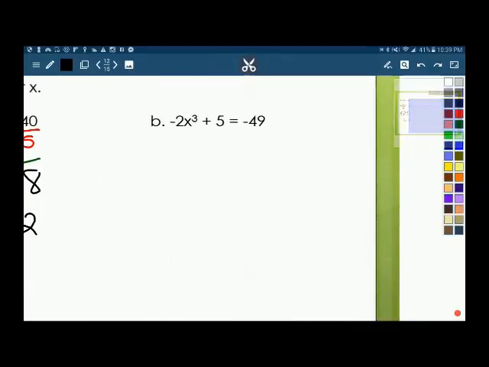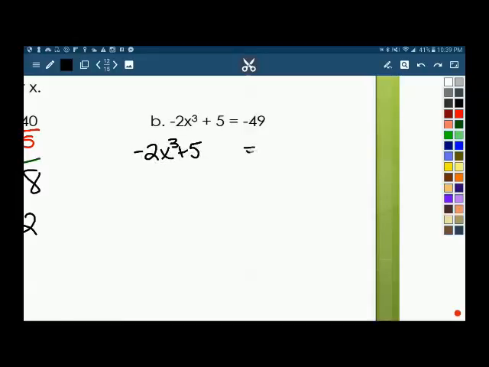Okay, let's try the second example here. I do see that x has 5 being added to it, so I'm going to have to subtract the 5 to get it to go away. Again, I'm getting rid of any addition or subtraction first. So I'm going to write down the same line, negative 2x cubed plus 5.